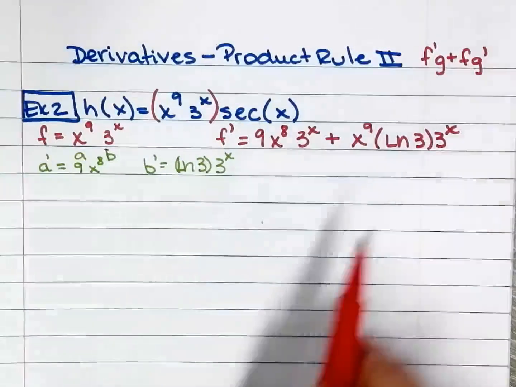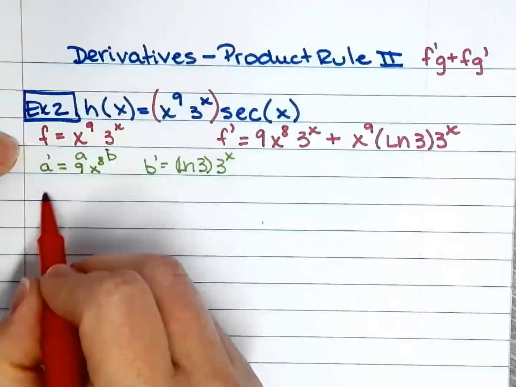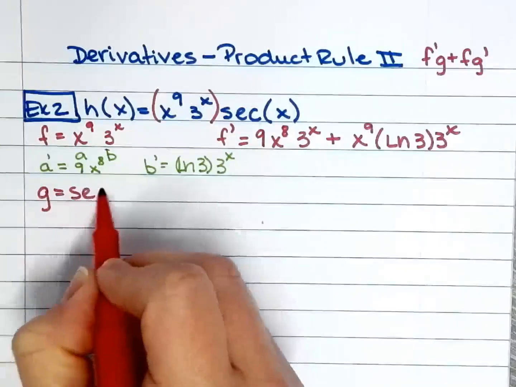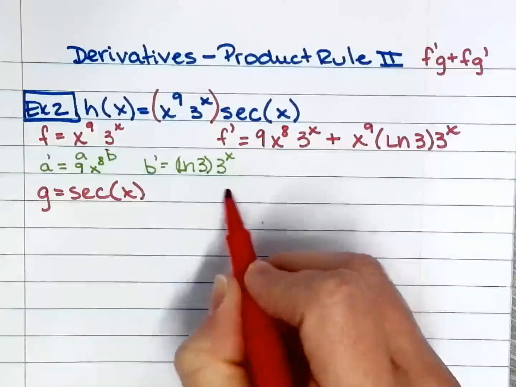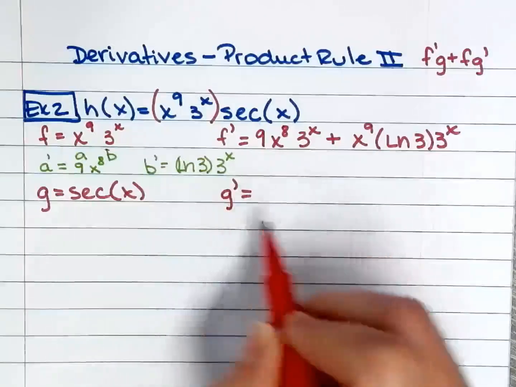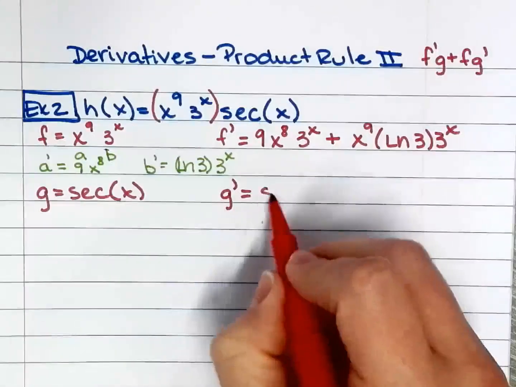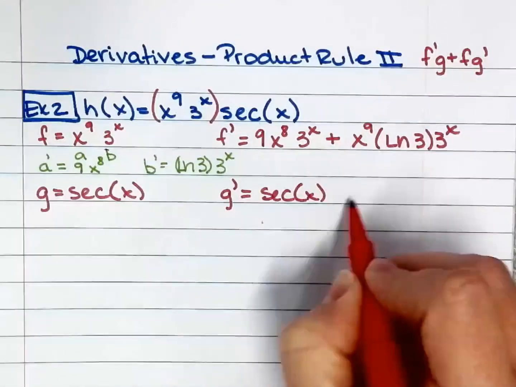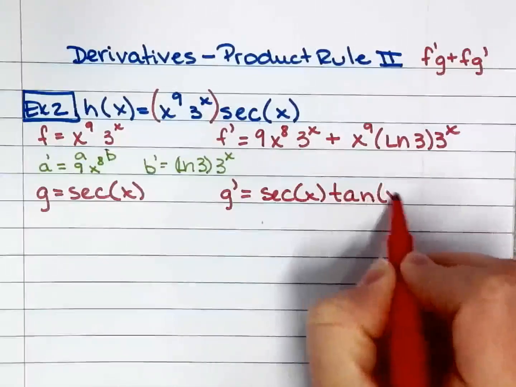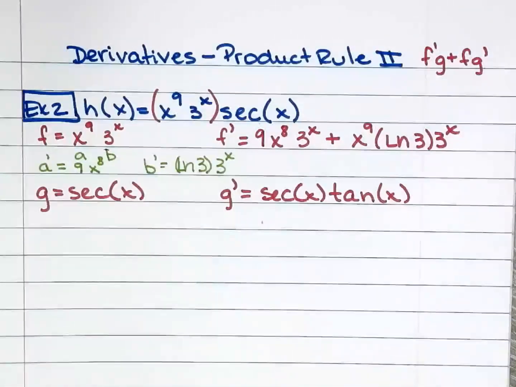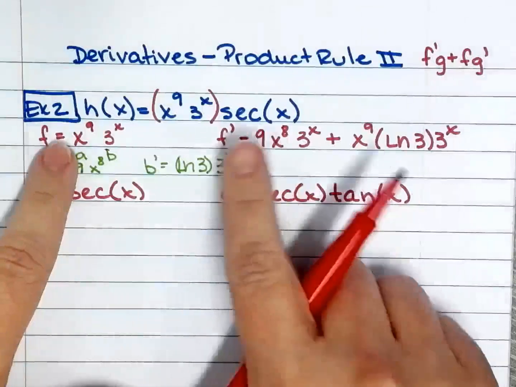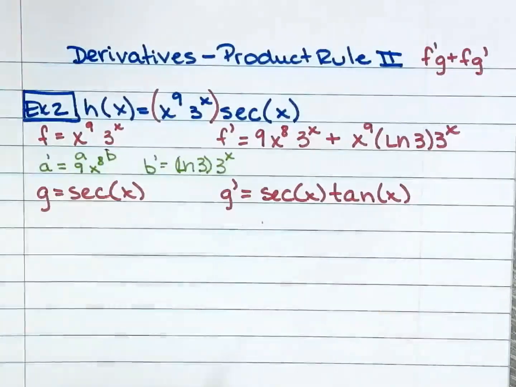Okay, now the g function will be secant of x, and the derivative of secant is secant of x times tangent of x. Now I have f prime, g, and g prime.